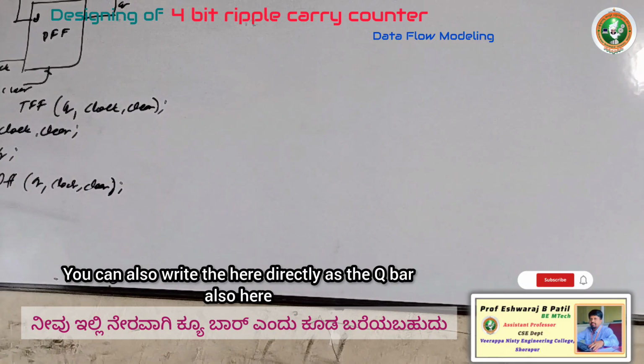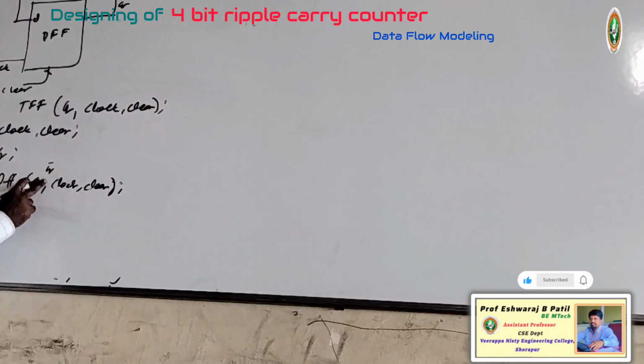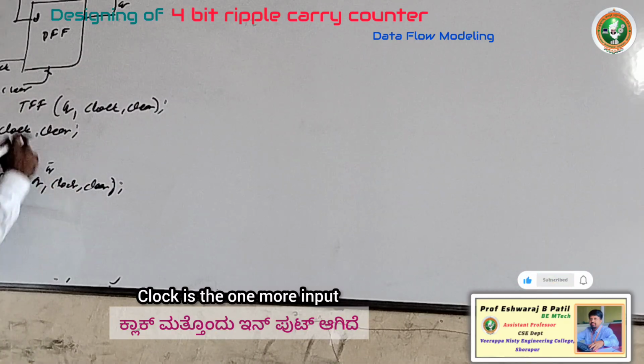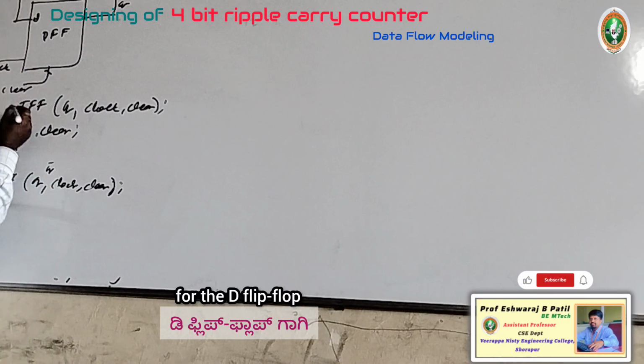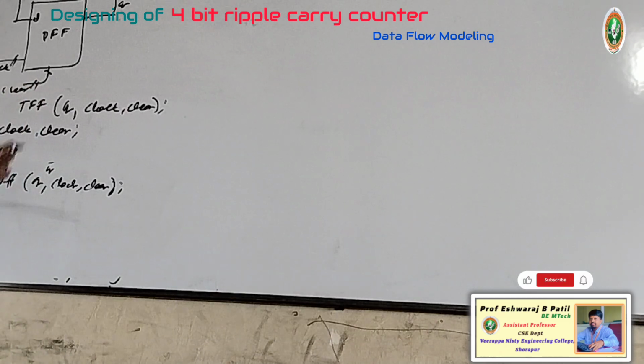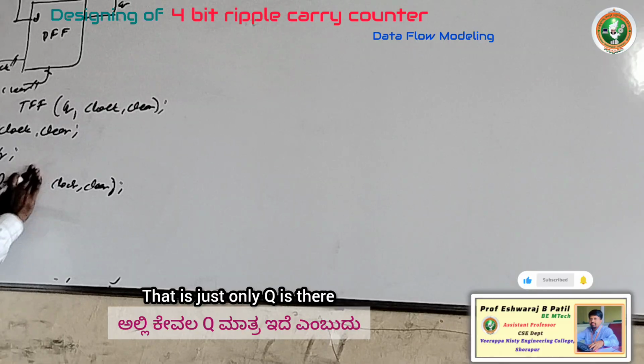You can also write Q bar directly here. Assign the D flip flop with Q as the output, Q bar as the input, and clock as one more input. Clear is another input. The output is only one thing, that is Q here.